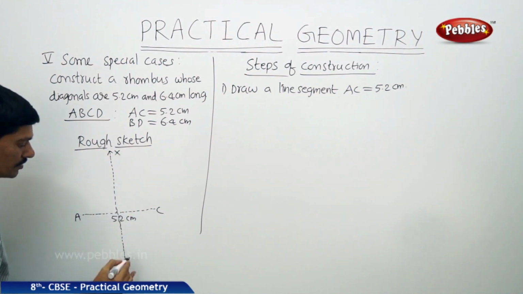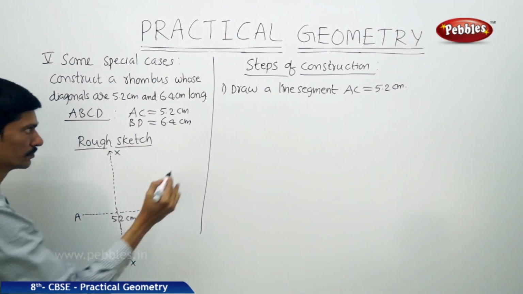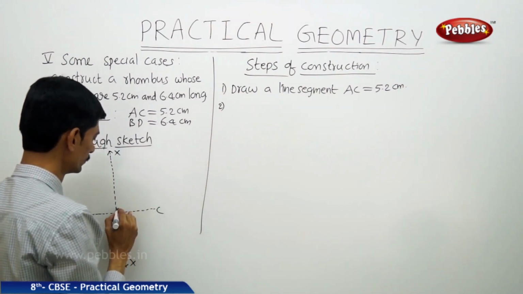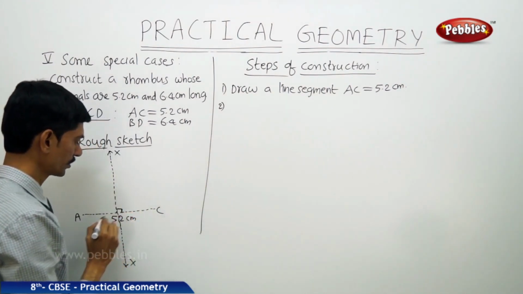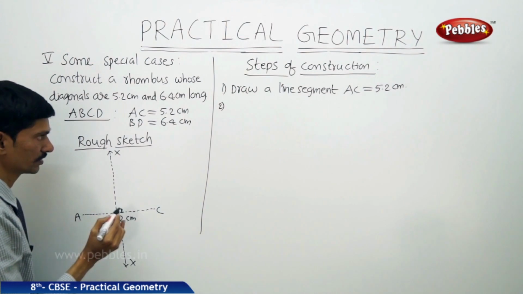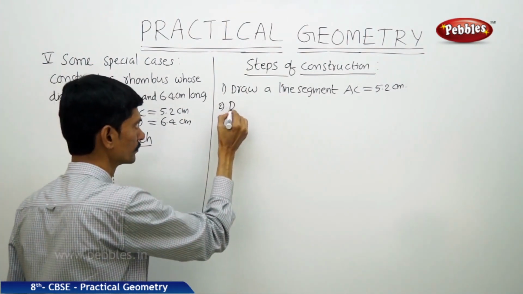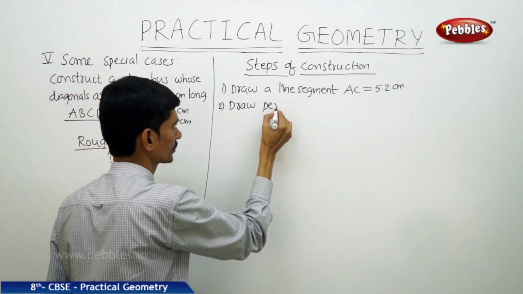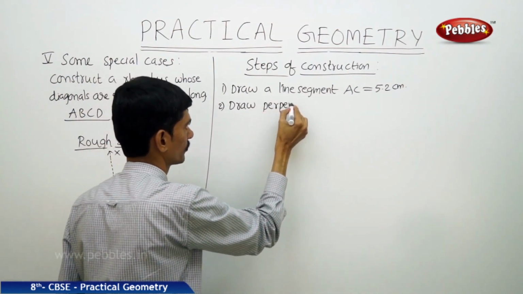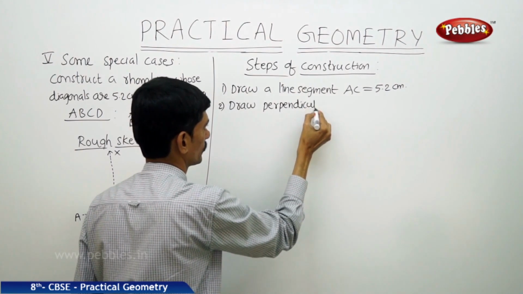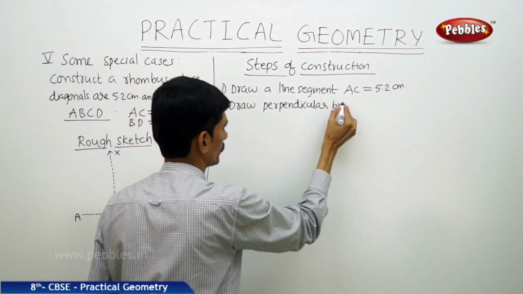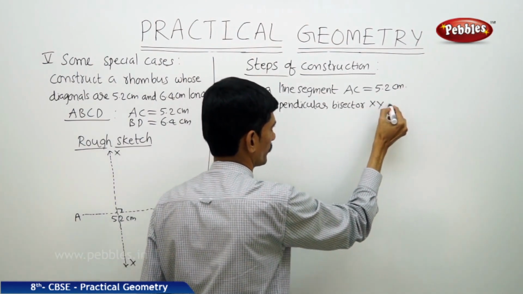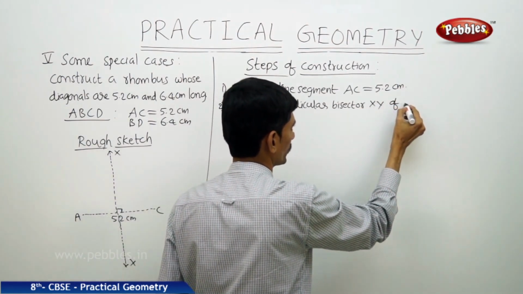So this is XY, which is perpendicular to AC and also bisects AC. Draw perpendicular bisector of diagonal AC.